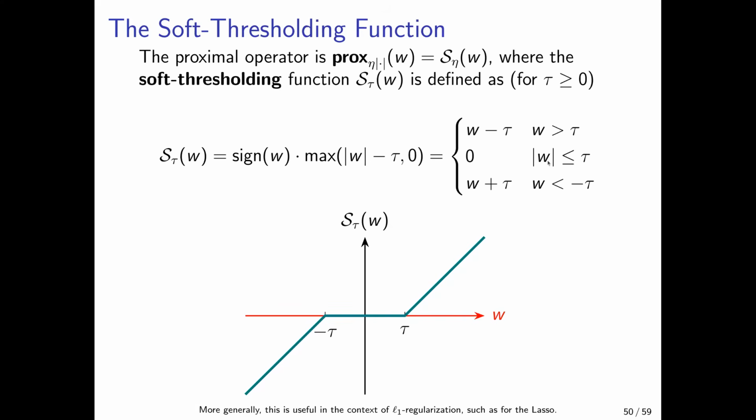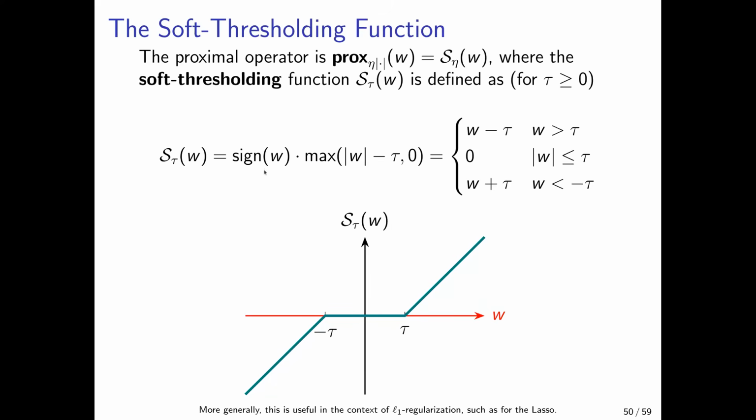We can formally define this by a case distinction, or also using the sign and max functions, very compactly in closed form. So this is an example where the proximal operator, even though it might look very complicated at first glance, actually takes a simple form.